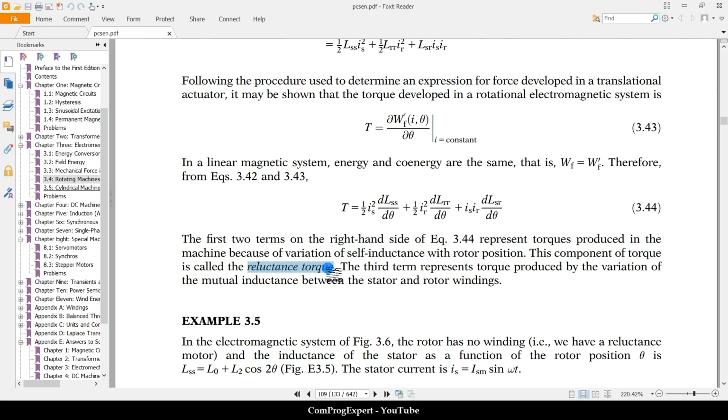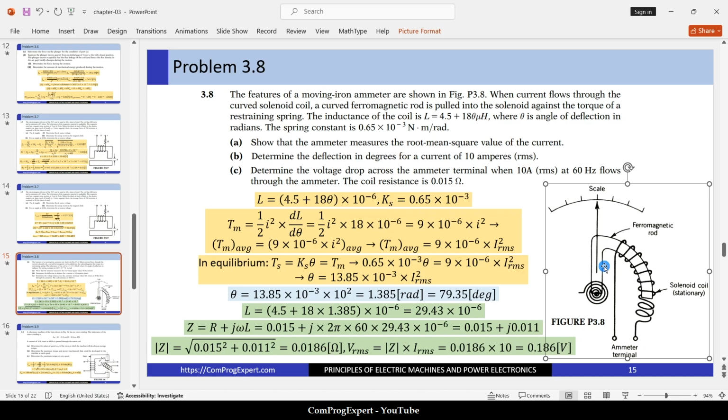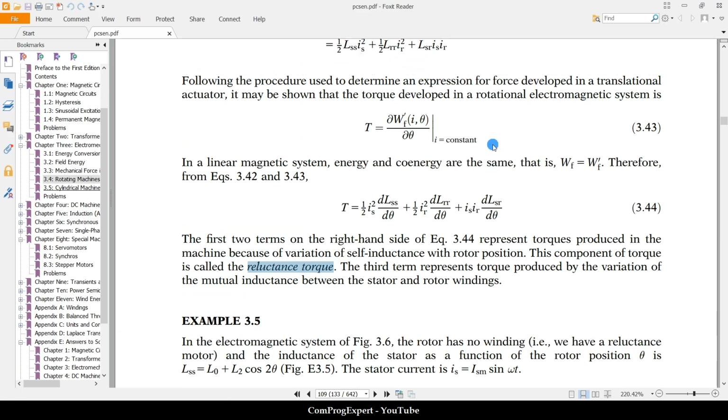Anyway, so in this case, in this ampermeter, we have only one coil, and the value of the inductance as a function of theta is given here, 4.5 plus 18 times theta microhenry. What is the value of the magnetic torque? Okay, the value of the current of this coil to the power 2 times dL d theta. The same equation here.